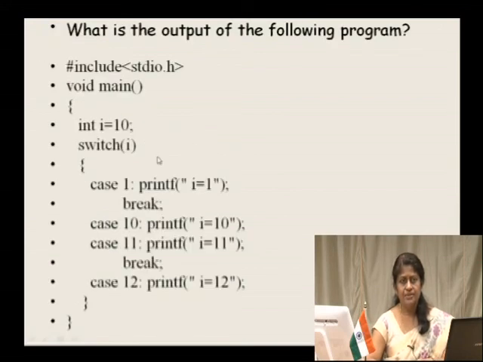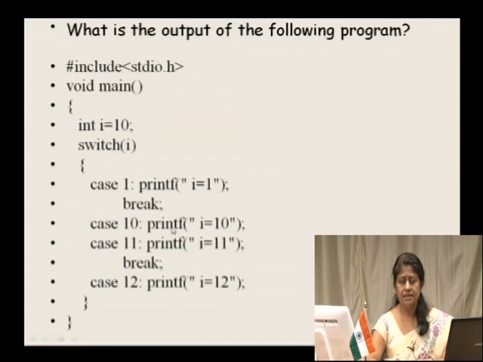In another switch statement, you have i is equal to 10 and i is used as the switch expression. The value 10 we are trying to match with these case values 1, 10, 11. So, 10 is here, and it is going to match with this one. The control is transferred to this particular statement.